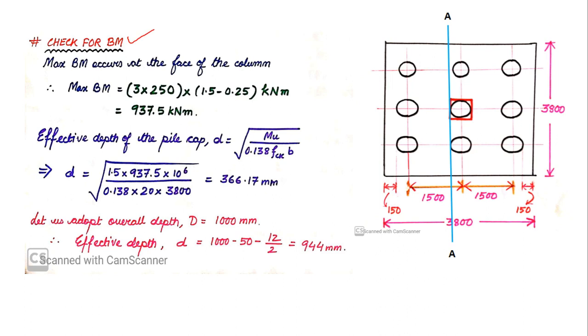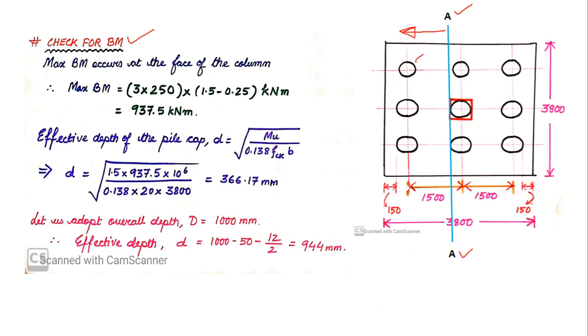Now you know that in a footing we check the bending moment at the face of the column, right? So here I have taken a section AA just at the face of the column. Now if you look to the left hand side of this section, what do I have? At the left hand side I have got 3 piles, right?